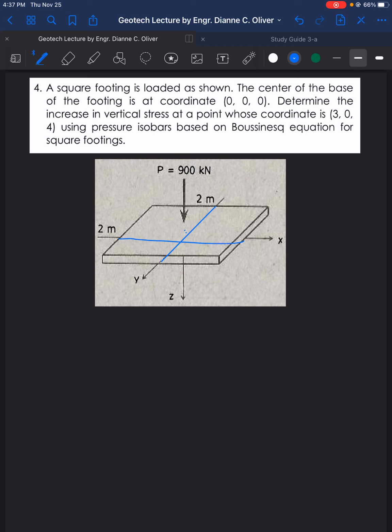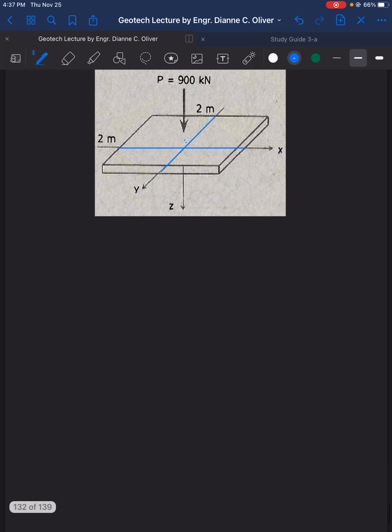And then we have here the center of the square footing located at coordinate 0, 0. Determine the increase in vertical stress at a point whose coordinate is 3, 0, 4 using pressure isobars based on Boussinesq equation for square footing.